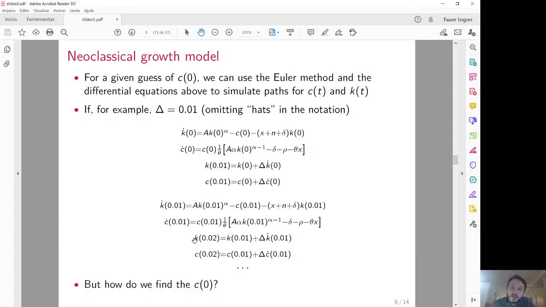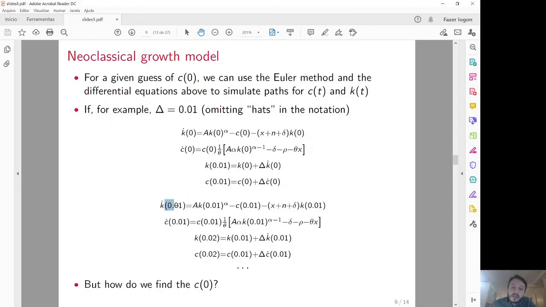We can calculate K in the third time period, which is time period 0.02. To do this, we need to compute the derivative of capital and consumption at the second time period. So we just use the formula again, the differential equations. But now we are gonna use the variables in the second time period.